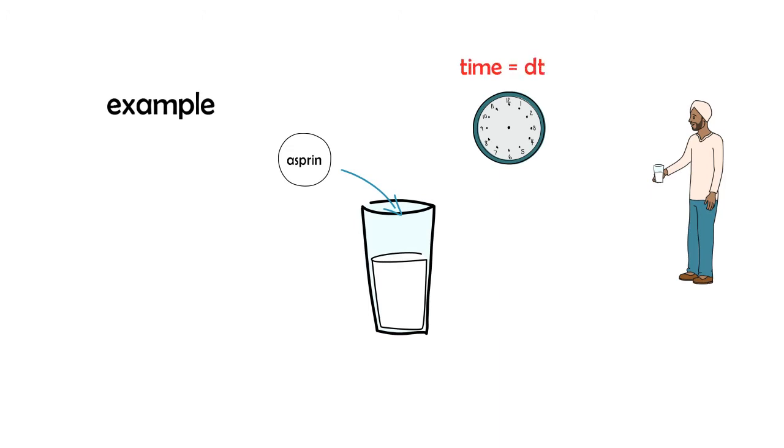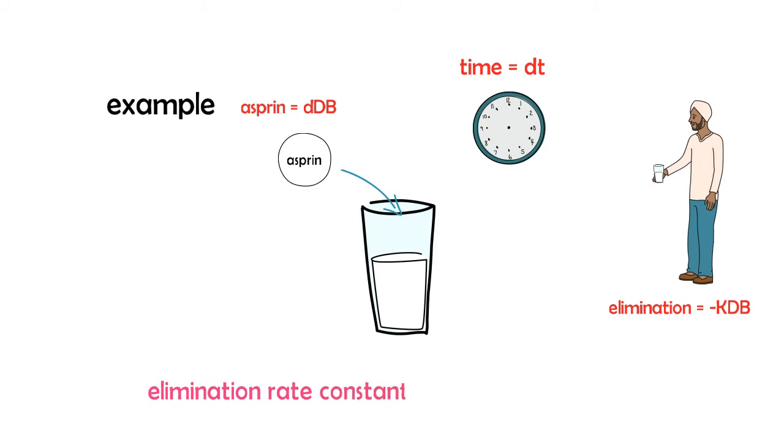If you imagine that glass as a compartment, you have the drug in it and then you take it out, so it's going to be eliminated. In the same way, we can say that the elimination rate constant relates the amount of drug and the time.